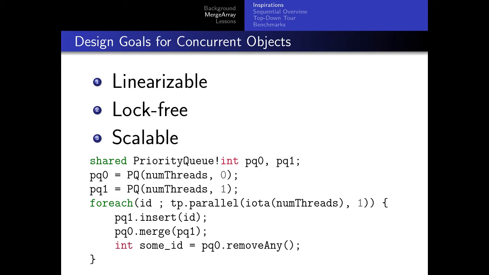If you compare the code for merge array here with just a skew heap or a pairing heap, it's much longer. Each method takes a lot longer to execute. It has to touch a lot more data and use a lot of slower instructions to be atomic. But since it's able to be parallel and scale, that's where you get the win.